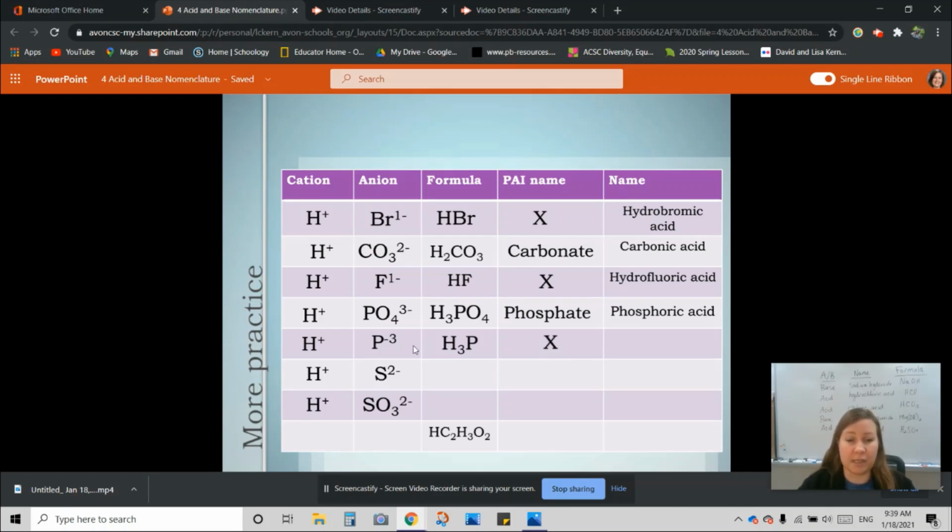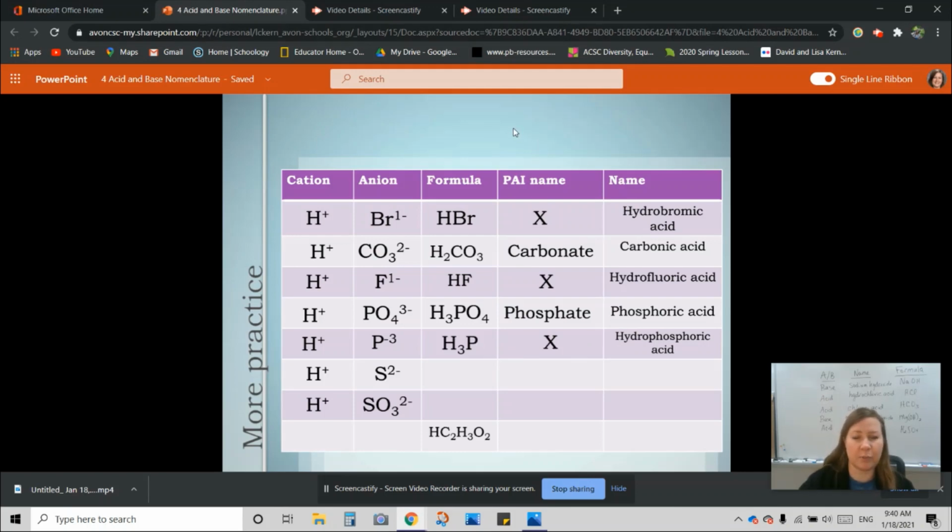So phosphorus here is not polyatomic. So if it's not got a polyatomic ion, the name is going to start with hydro, and then it's going to be this element, and then ic, and then acid. So this will be hydrophosphoric acid. So here's phosphoric acid, here's hydrophosphoric acid. Again, the one with the longer name has the shorter formula.